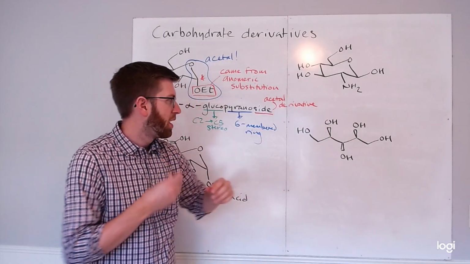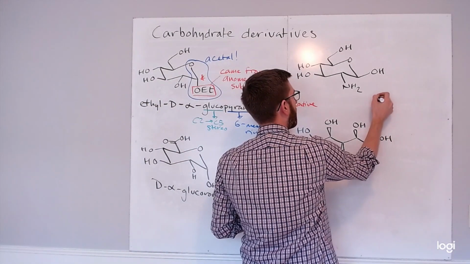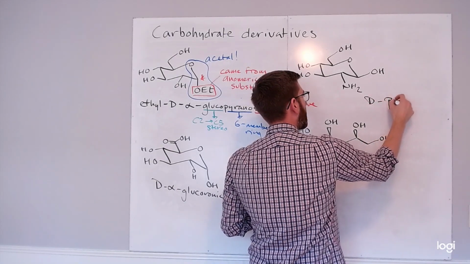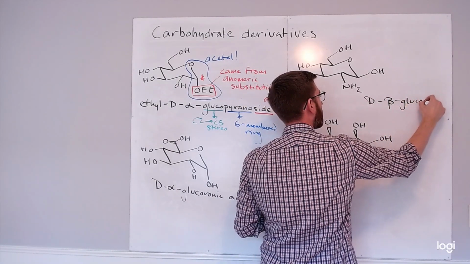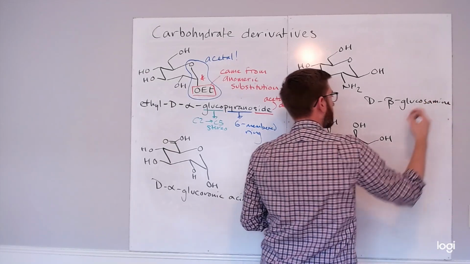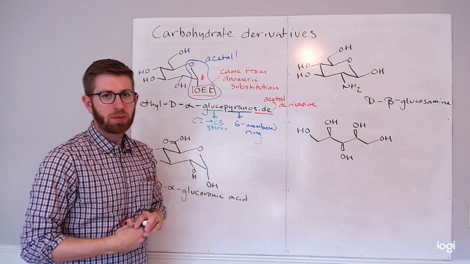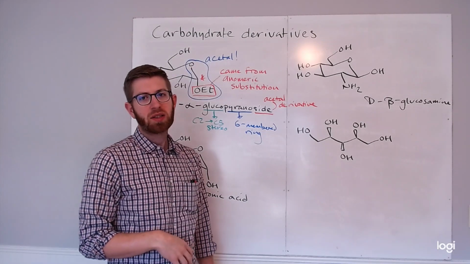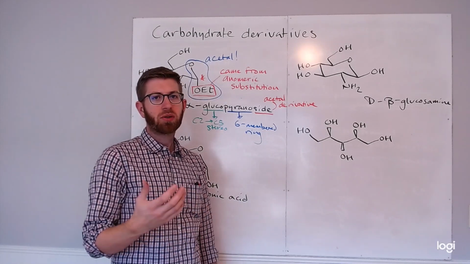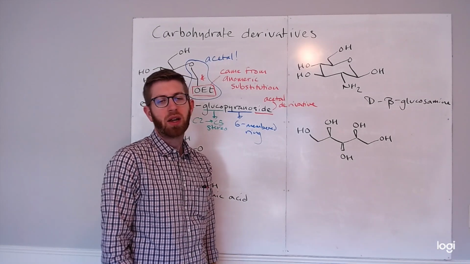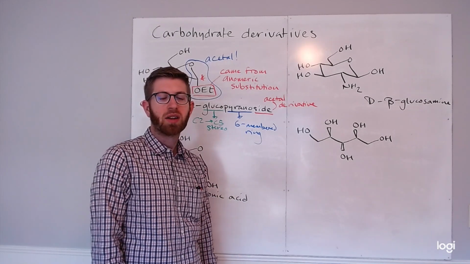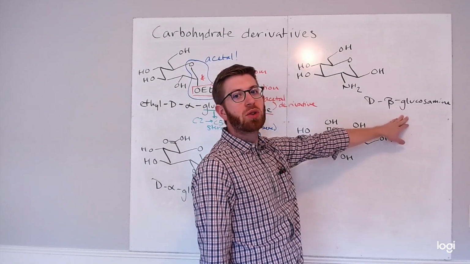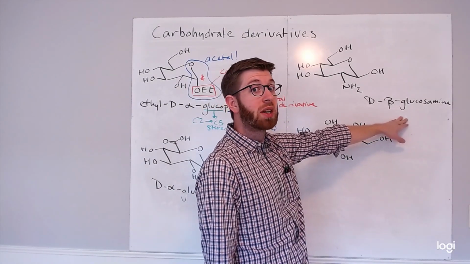This one here is D-beta-glucosamine. So you may have taken this, your parents may have taken this, your dog may have taken this. Glucosamine is one of these substances that's supposed to be a miracle cure for joint pain and things like that. I don't know whether it works or not. I'm not going to take a stand there. But again, we can see this idea that we have information embedded within the name that now you understand how to interpret.